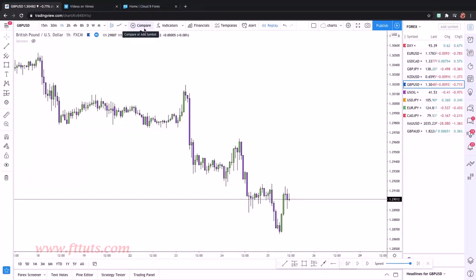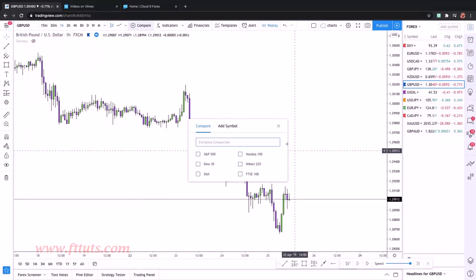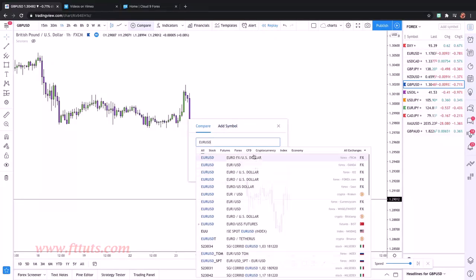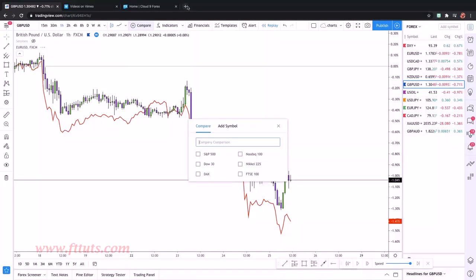For example, GBP USD, you can pick any currency pair that you think correlates with that. Another thing you can do is go on Google and type in currency correlation, and it will give you exactly what percentage of currency pairs are positive and what are negative.